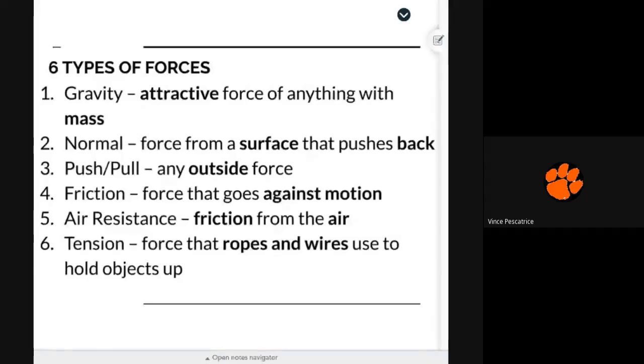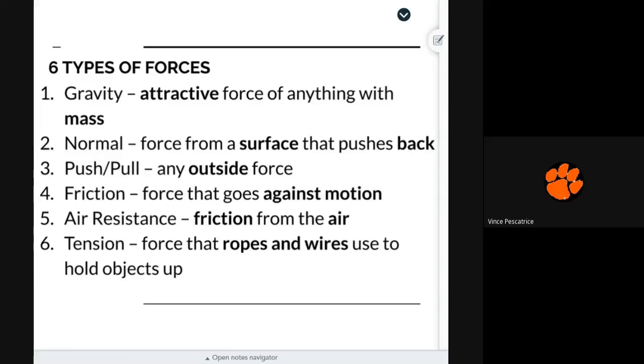So force is applied and creates an unbalanced force. If you apply an unbalanced force, remember, unbalanced forces create motion.